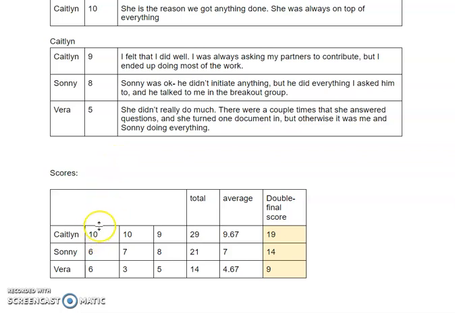Everybody else would rate that student a 10, but they would rate themselves an 8 or a 9. That tells me that you're underrating yourself, because the rest of your group says you're amazing and you're saying, I'm okay. Toot your own horn if you really deserve it. But if you don't, be honest about that too.